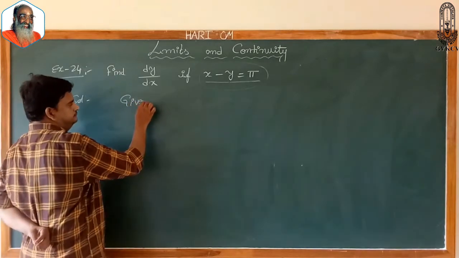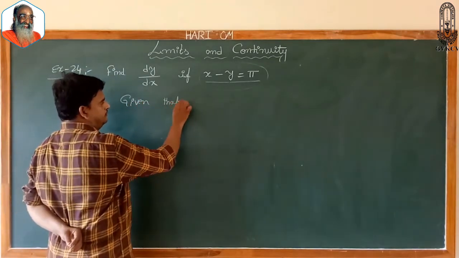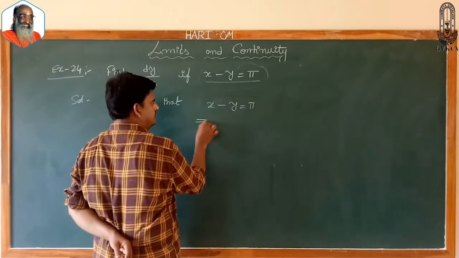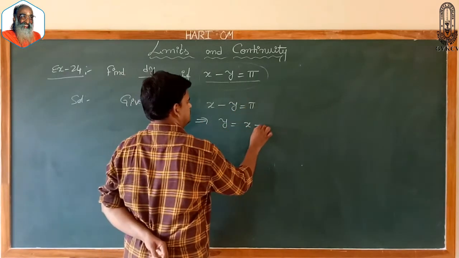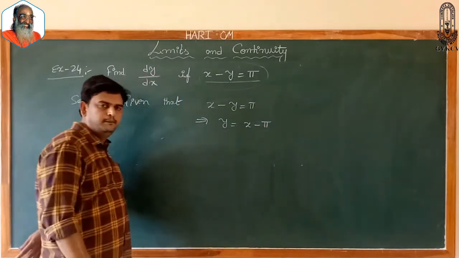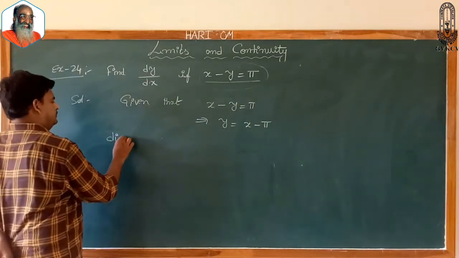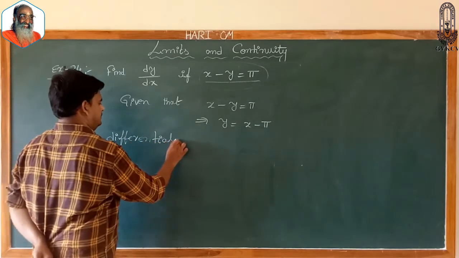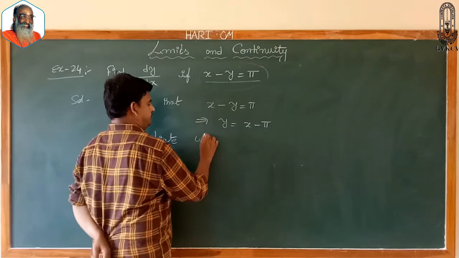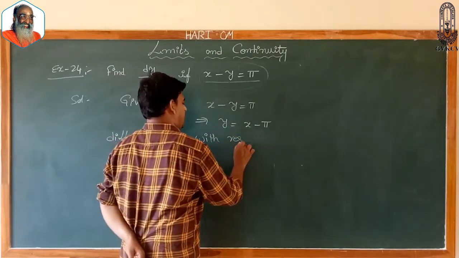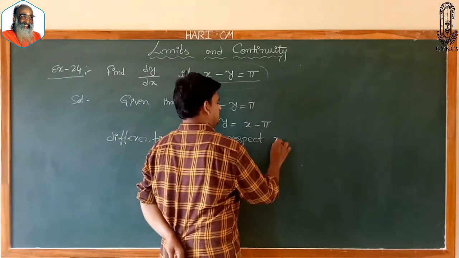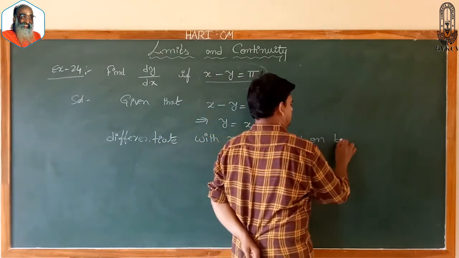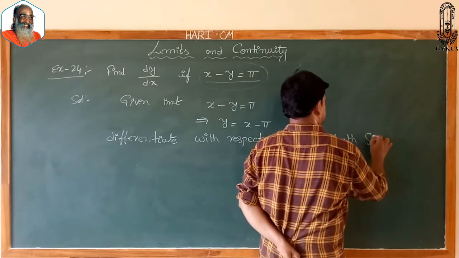Given that x minus y is equal to pi, make y the subject, so that we have y is equal to x minus pi. Now differentiate with respect to x on both sides.